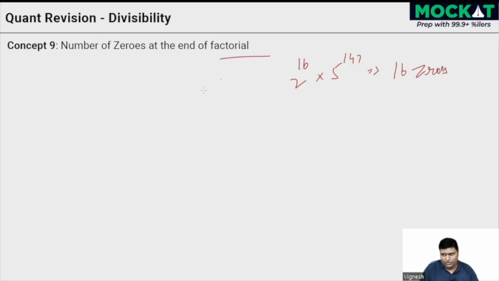Now, when it comes to a factorial, find the number of zeros. I need to find the largest power of 10 that divides it. Now, 10 is made up of 2 and 5. Which is going to occur more frequently? 2. The smaller prime occurs more often. 5 is going to be a lot fewer.